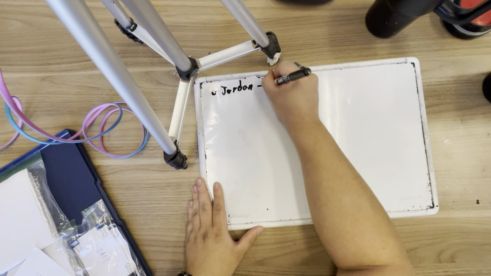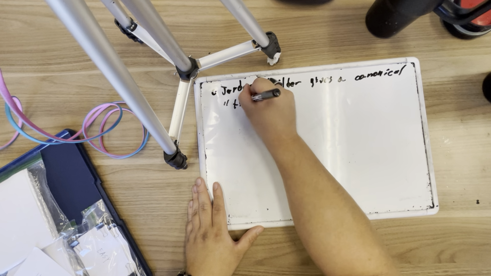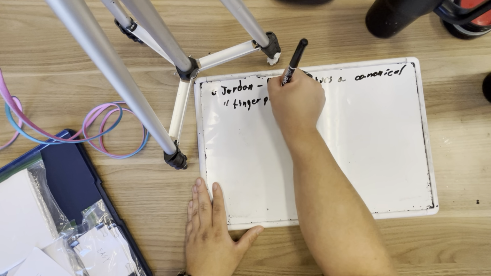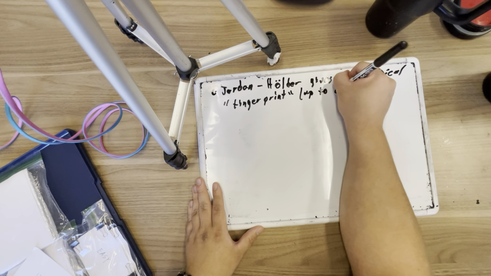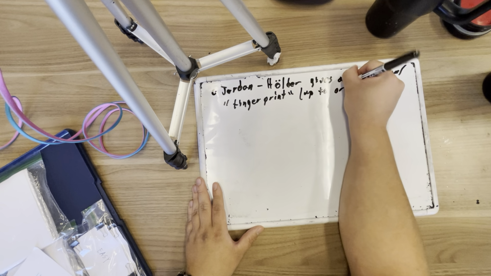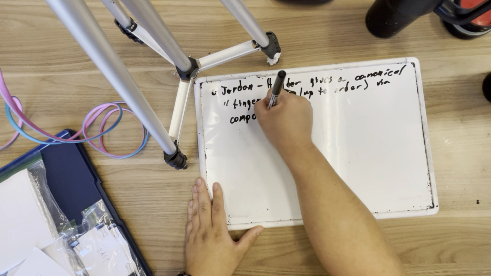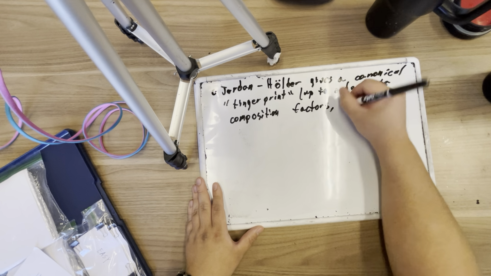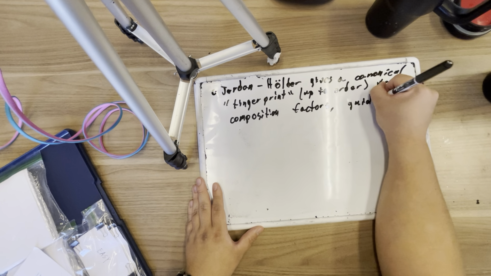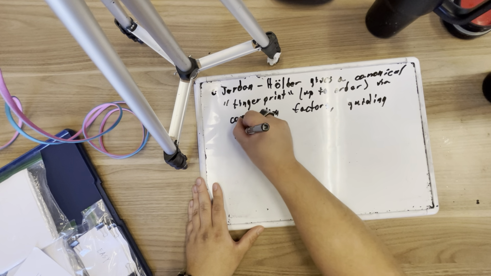Jordan-Holder gives a canonical fingerprint up to order via composition factors, guiding classification strategies.